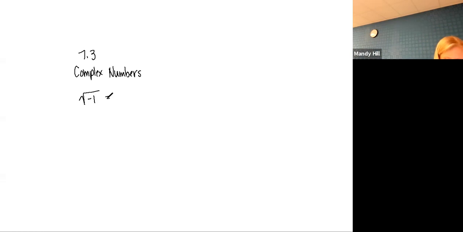So we actually have a term for that, and that's called an imaginary number. I is defined as the square root of -1.